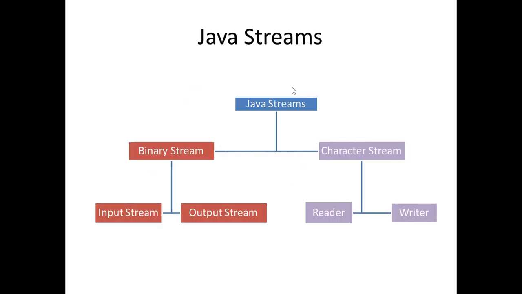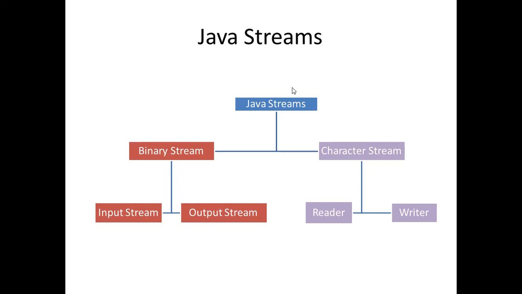So let's go ahead. You have Java streams, logical connections within the source to application or from application to the destination. So, if the data flow is in the binary form, you have one abstract class as InputStream and the other abstract class as OutputStream.